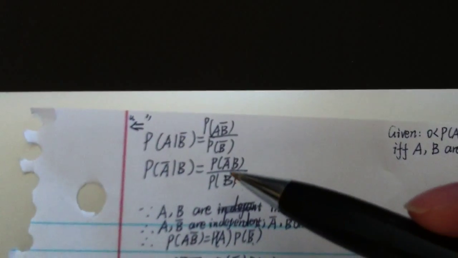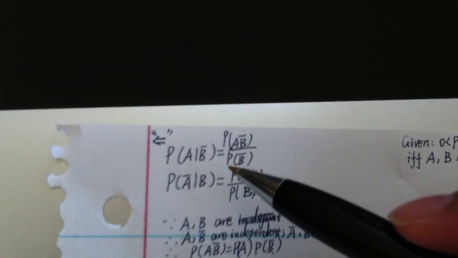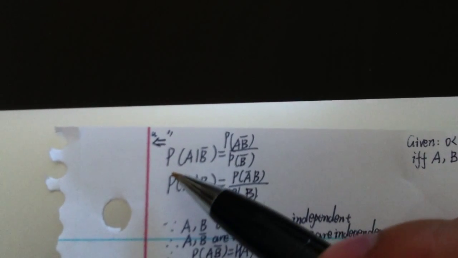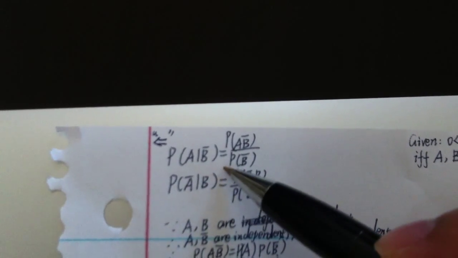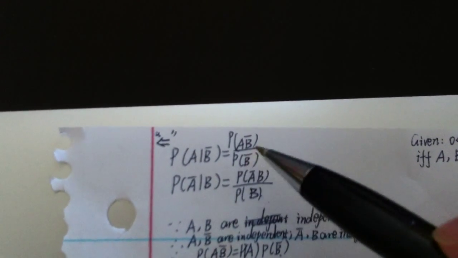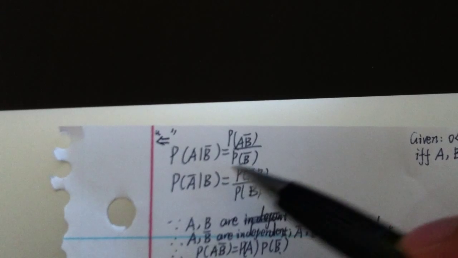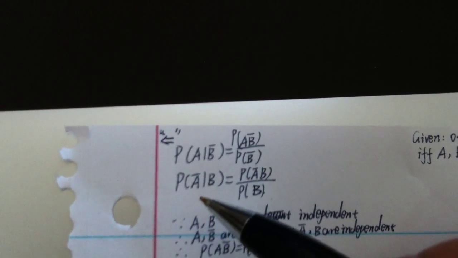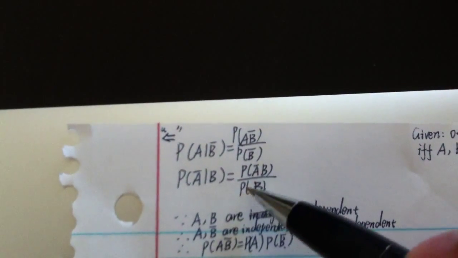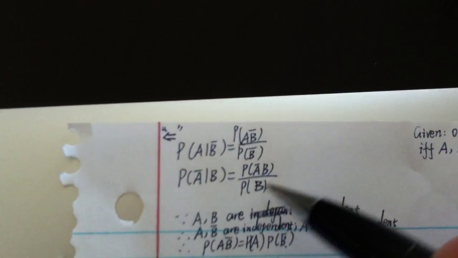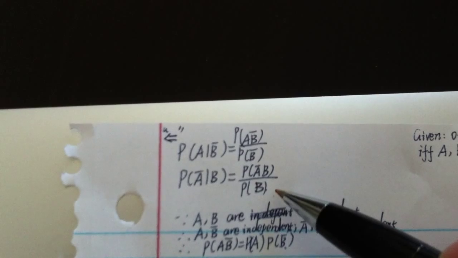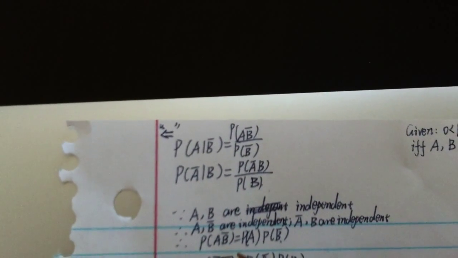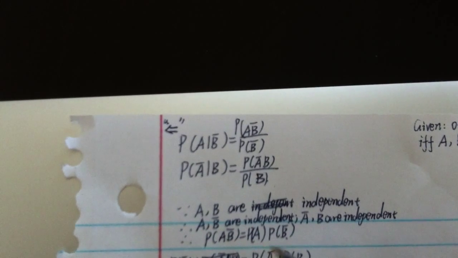Here's the definition of conditional probability, and we know that the probability of A assuming B naught equals the probability of A B naught over the probability of B naught, and the probability of A naught assuming B equals the probability of A naught B over the probability of B. Because A, B are independent, A, B naught are independent.